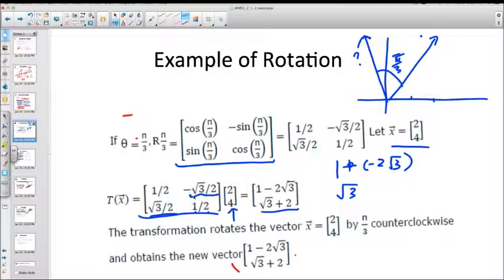It's right here. You're done. So my new vector is going to be 1 minus 2 square root of 3 for the x, and square root of 3 plus 2 for the y. Accurate. Quicker. Now we go to the complicated one.